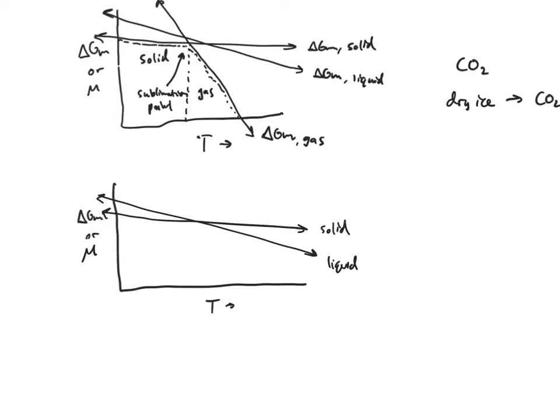And then our gas. And they all cross at exactly the same point. What is that right there? It's a temperature where the solid, the liquid, and the gas are all simultaneously possible. And hopefully you recognize that that is the triple point of the pressure temperature phase diagram.